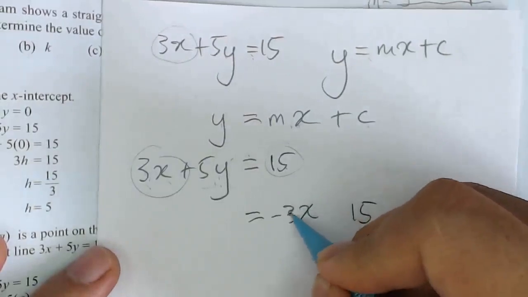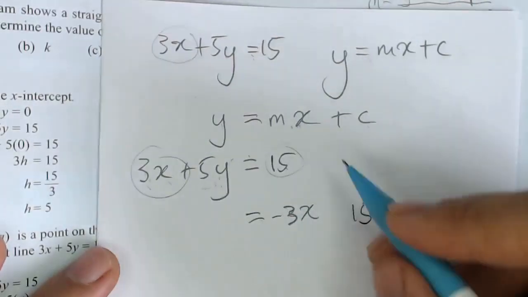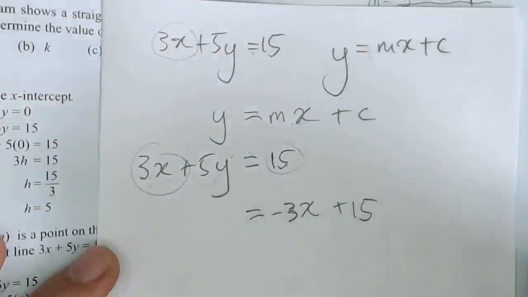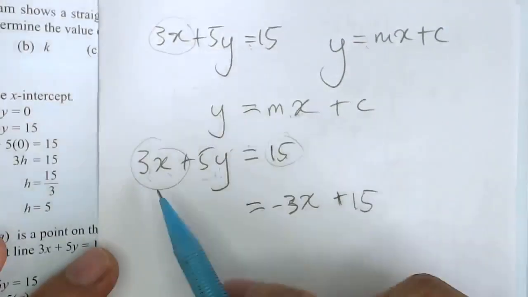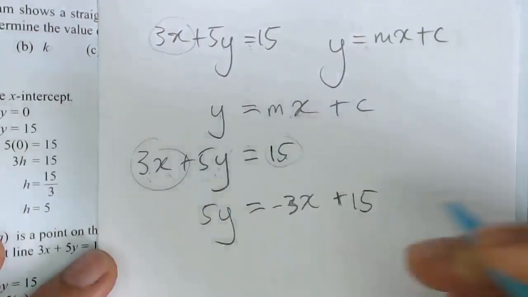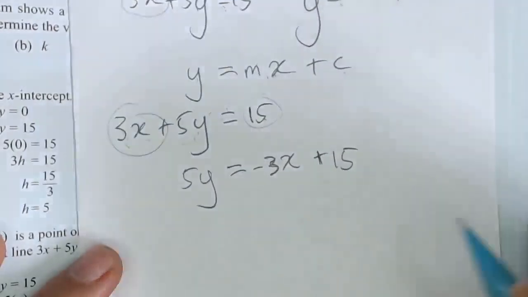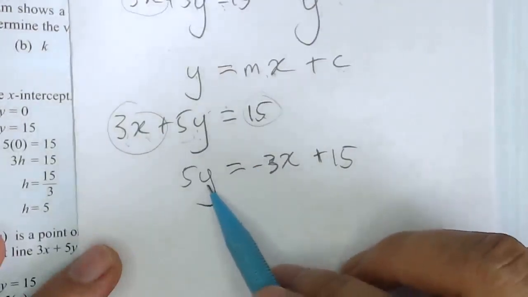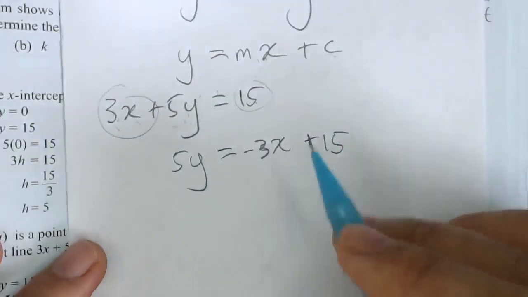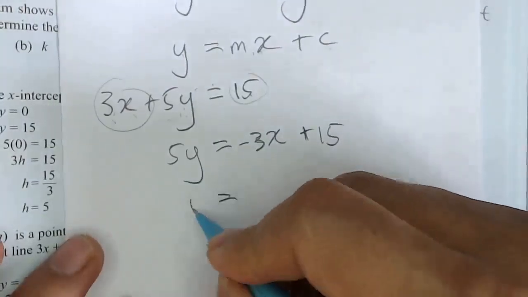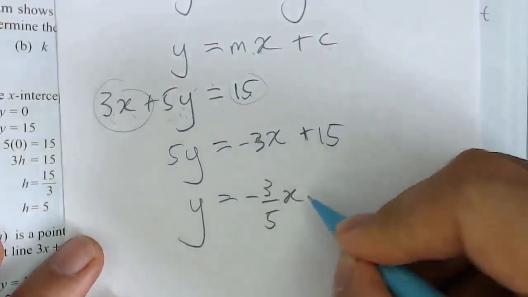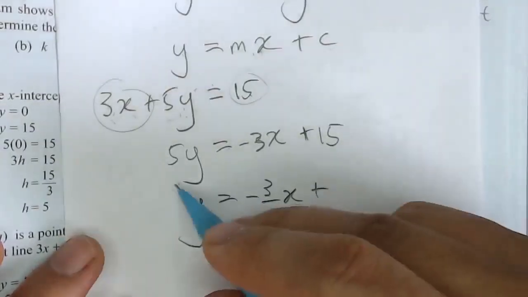Okay, macam tu. Okay, ni tambah. Depan 15 ni tambah. Okay, yang tinggal 5y di belah kiri. Tapi ingat belum lagi sebab kita nak y saja kan. Nak pastikan y saja di sini. 5 kena hantar pergi jugalah belah kanan. Jadi negatif 3 per 5 x tambah 15 bagi 5.